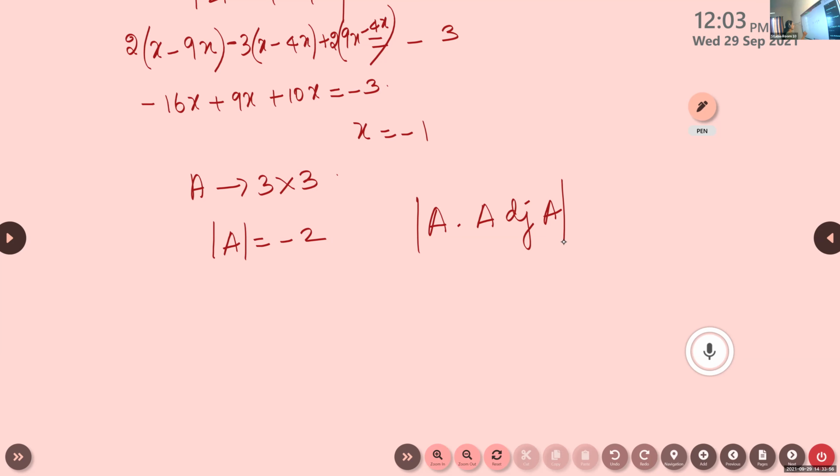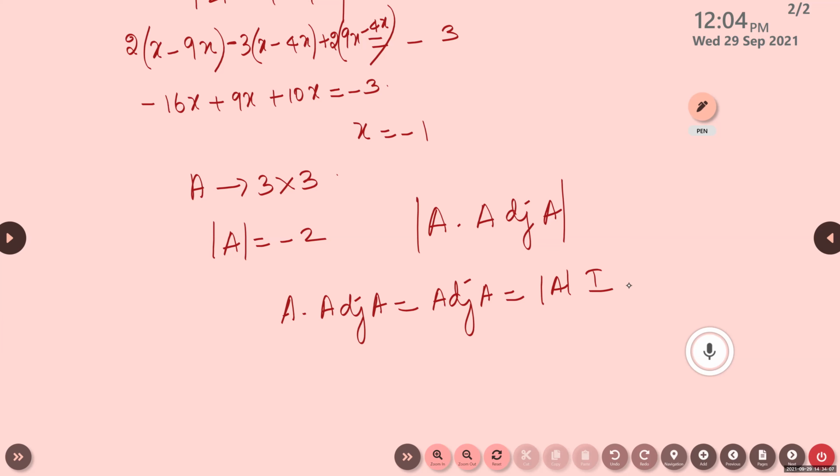So what do we know for any square matrix A? A into A adjoint is equal to A adjoint into A, which is equal to determinant A into I. So determinant of A into A adjoint will be the same as determinant of determinant A into I. Determinant A being constant, we can take it outside.